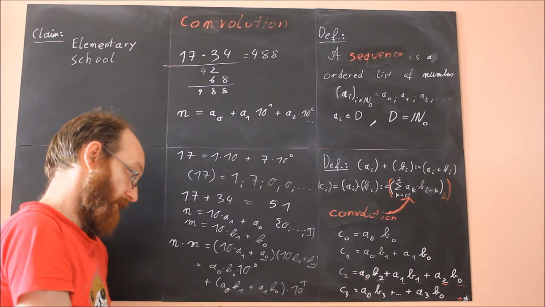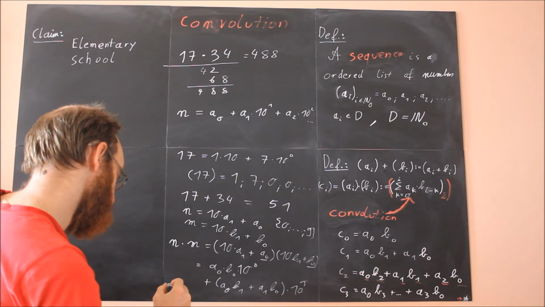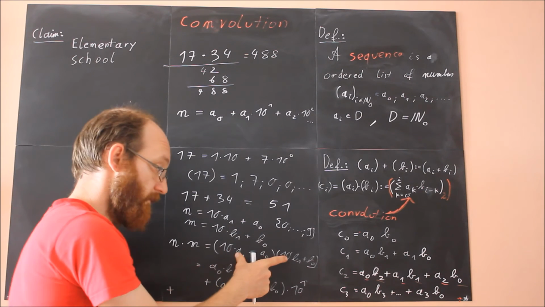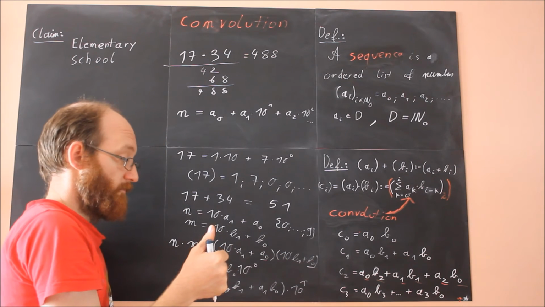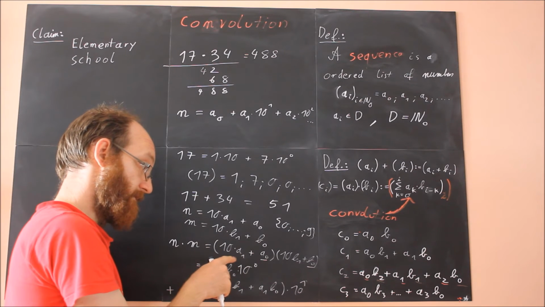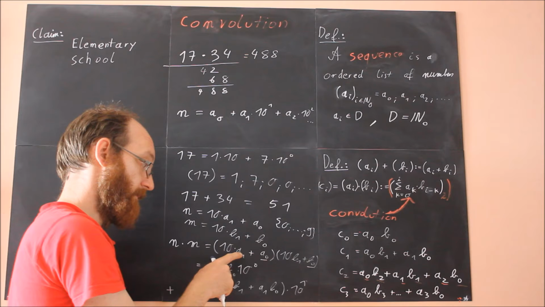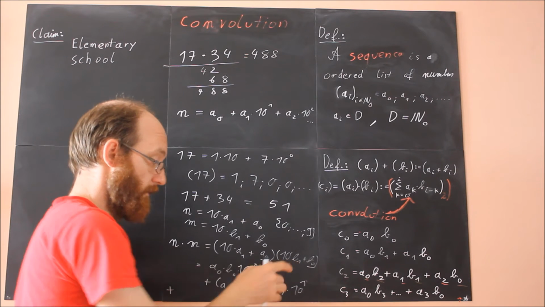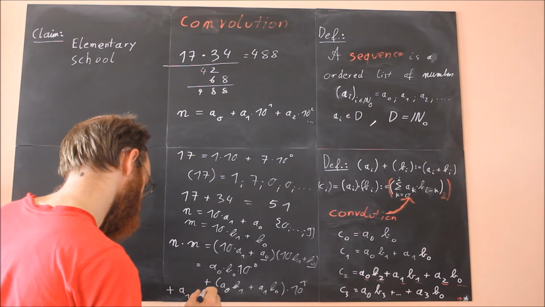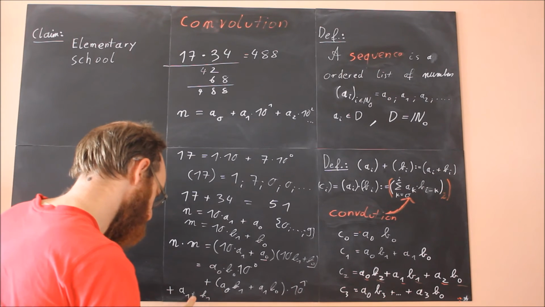And then our last part, so the 10 to the power 2 part, there is only one corresponding term. In this case, this is a1 times b1.